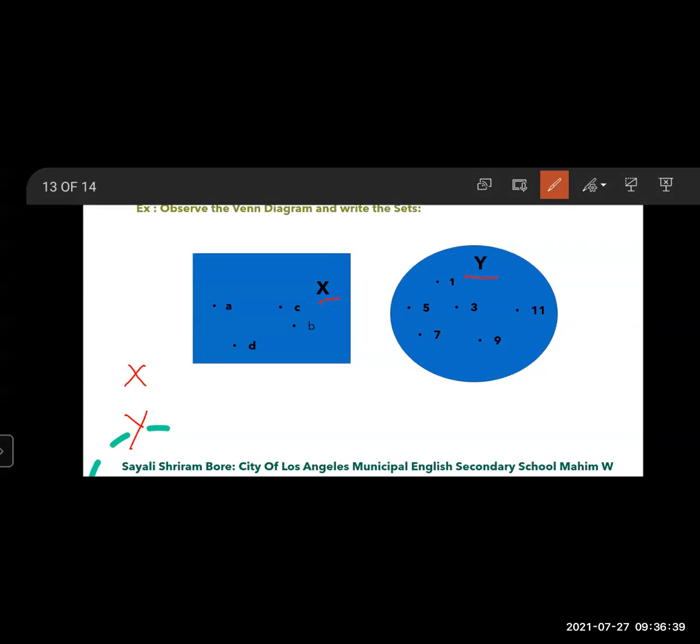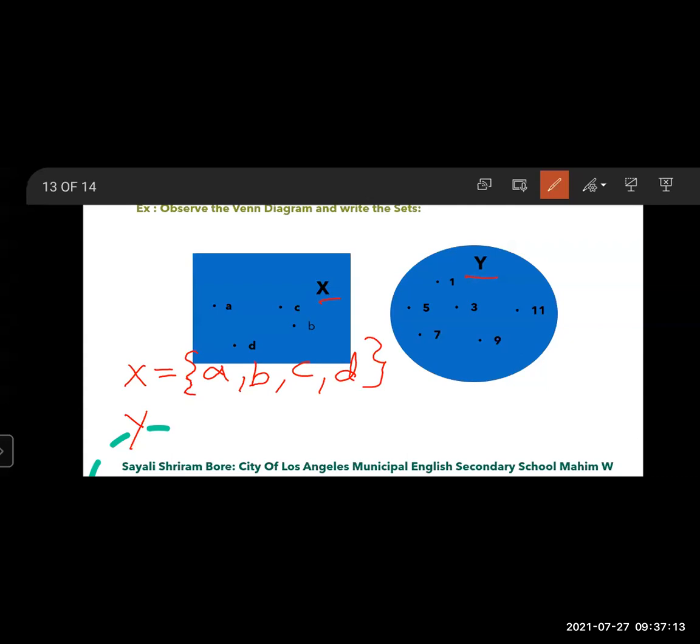So X is equal to, now what is there in the set X? Which are the elements? That is A, B, C and D. These are the four elements you can see in set X. Also observe that for drawing the two Venn diagrams, here I have used a square and here I have used an oval, a circle.